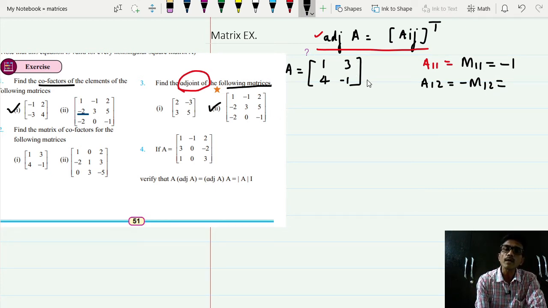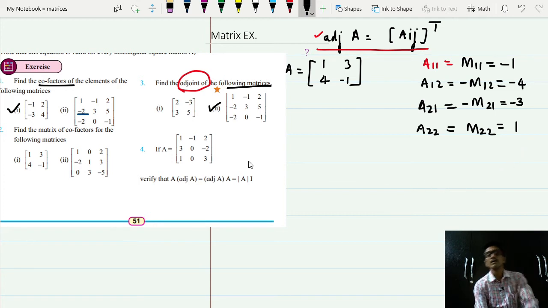It is 4 and its negative will be -4. Then A21, here 2 plus 1 is odd, therefore negative. M21, now what is M21? Minor of this is 3, so it will be -3. Now change the sign. A22 is equal to M22 and what is the minor of this? 1. There will be no change in the sign. So we have got all cofactors.